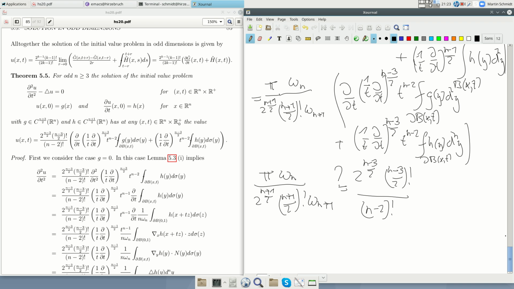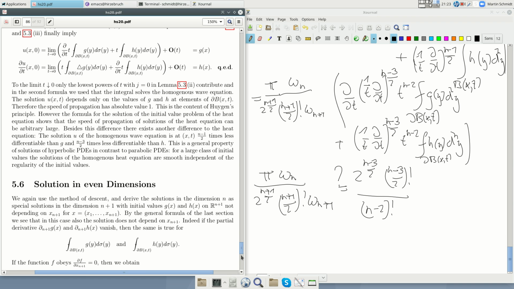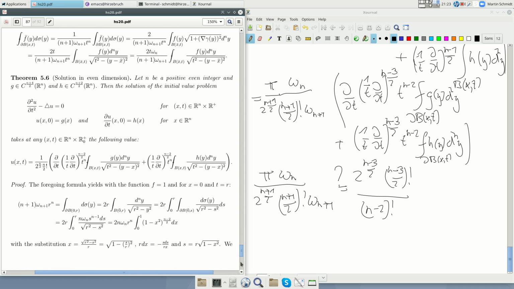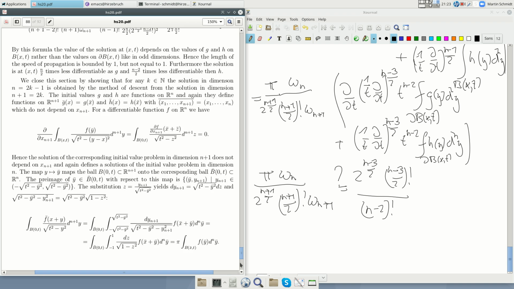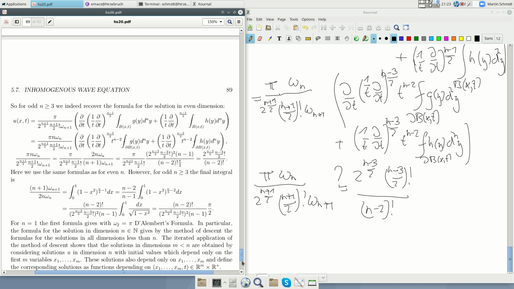Okay, and how do we prove this? By the same method as before. This time we show that this is indeed the inverse of this factor, and we do this by calculating this.